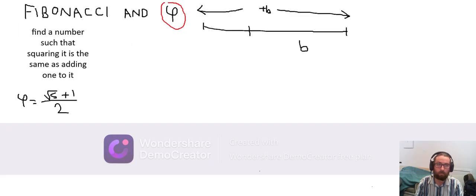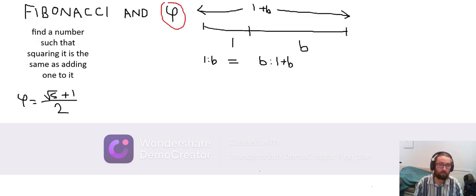So we're going to say 1 plus B. Now, for what value of B is it true that the ratio of 1 to B is the same as the ratio of B to 1 plus B?